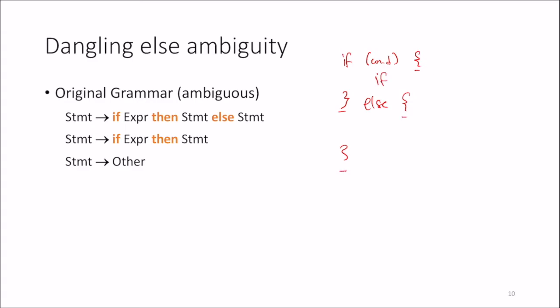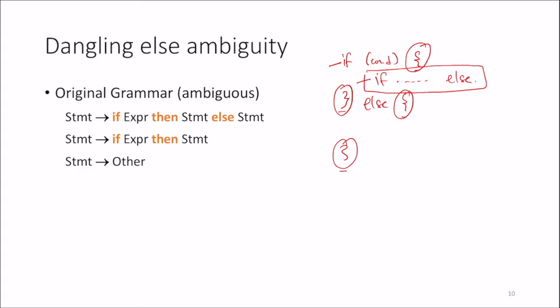If I have a nested if statement here with an else, I know that it has to be completely inside this block. What if you did not have these curly brackets in your syntax of your programming language? You can see that it makes it ambiguous, right? I don't know whether the else goes with the first if, the closest if, or the farther if. It could be either one.